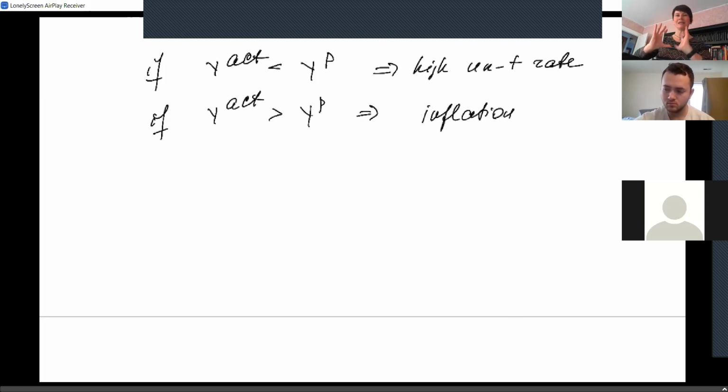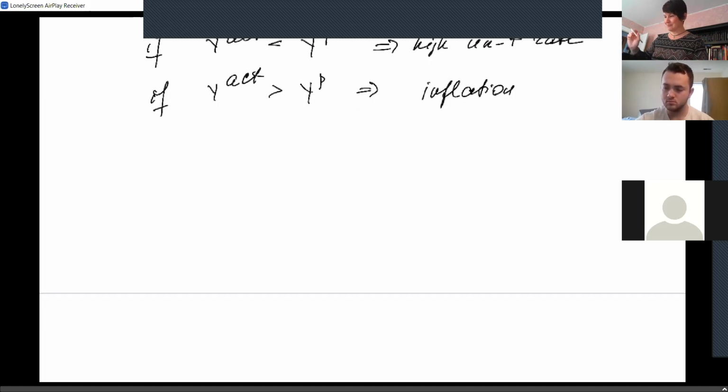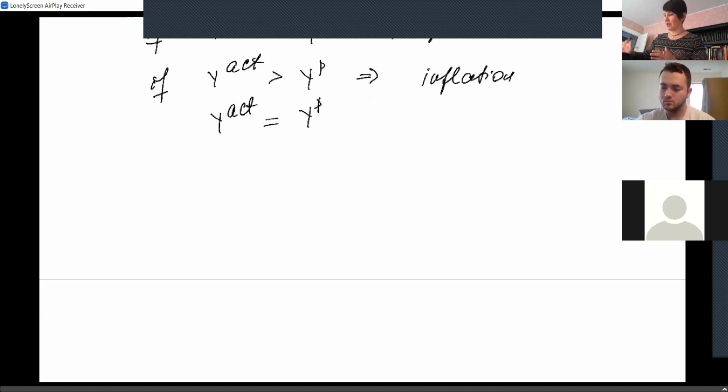What would be an ideal condition for the economy, for actual versus potential, when we don't have any problems with unemployment or inflation? What kind of sign between these two numbers would be ideal? If they're equal. Yes, very good. If the actual GDP falls on potential, excellent.